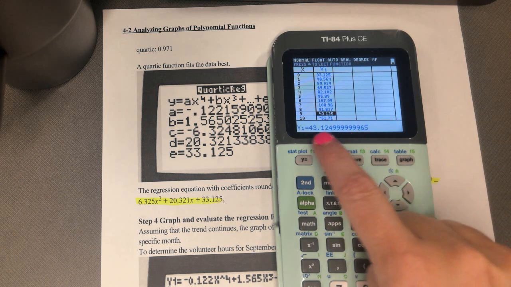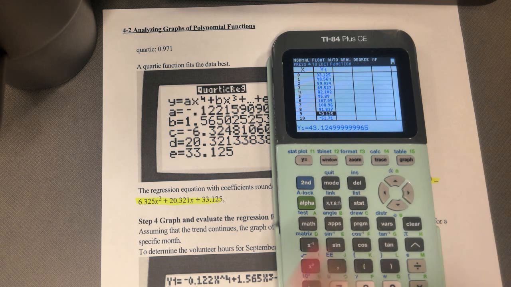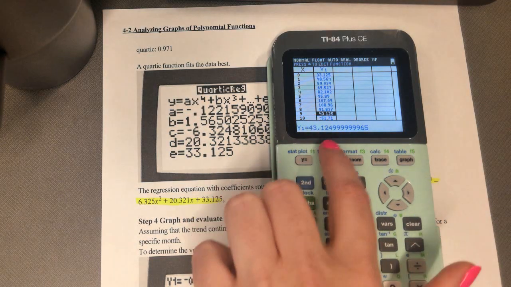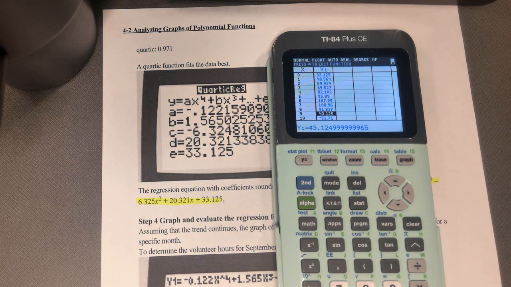And then look, you need to click on it, so just to make sure you have the value. And then it's the volunteer hours. And then we're going to just round to the nearest hour. So if I'm rounding to the nearest hour, what would I get?